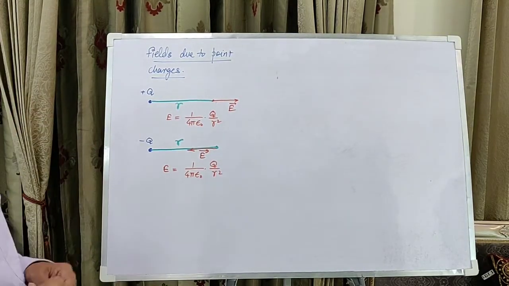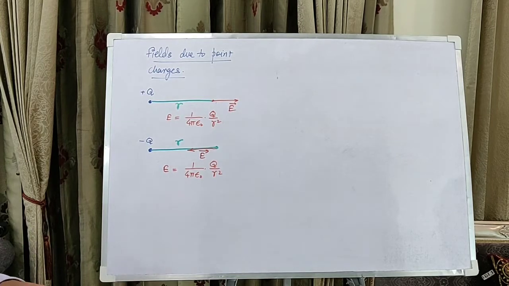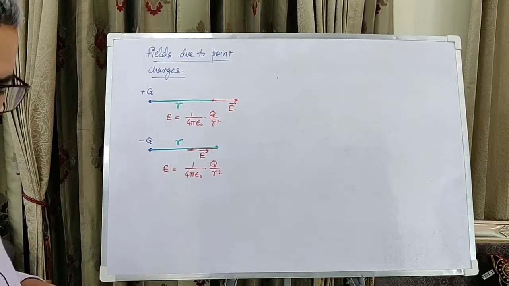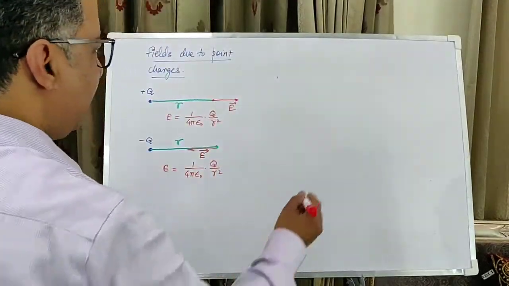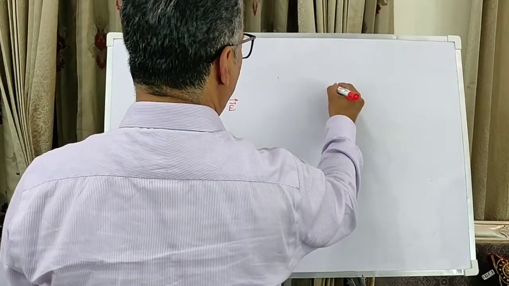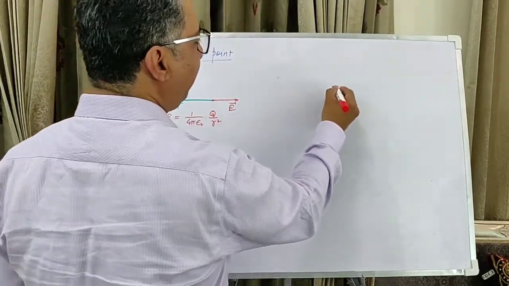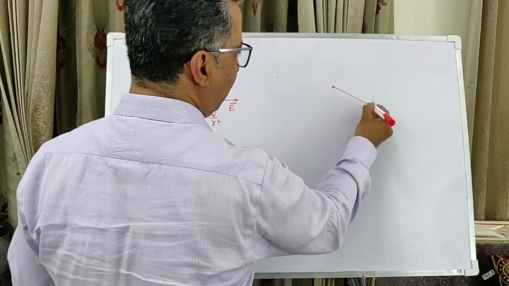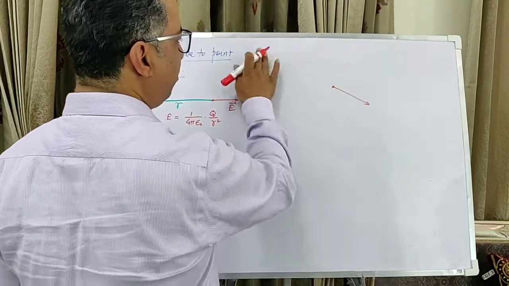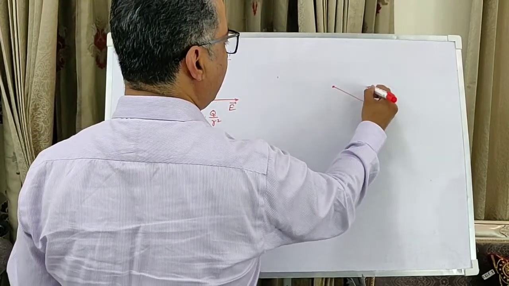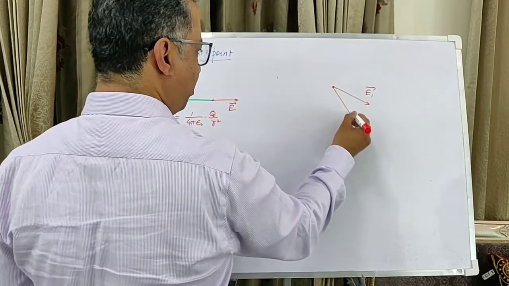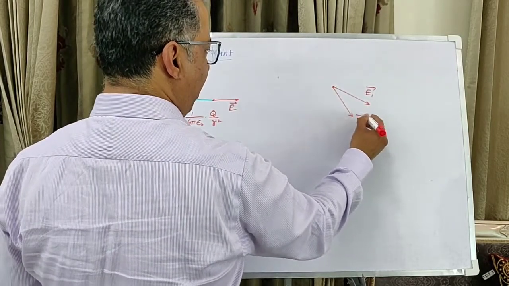Now, if in place of individual point charges we have a larger number of charges, then at a given point, if the electric field due to a charge in its neighborhood is E1, due to another charge it is E2, and so on.